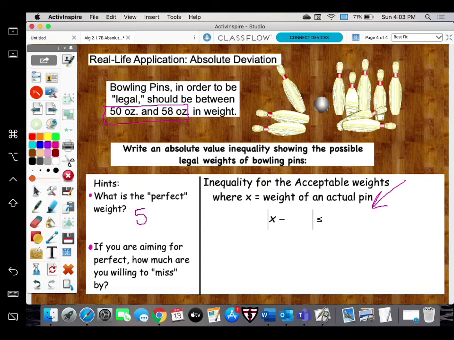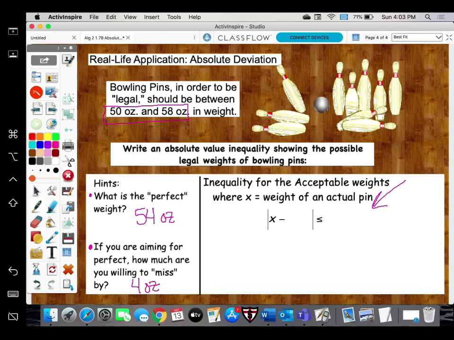So the perfect weight is 54 ounces. And if that's ideal, how much were we willing to miss it by? We went down to 50, so that's 4 ounces, and up to 58, so that's also 4 ounces. So we're willing to miss by 4 ounces.